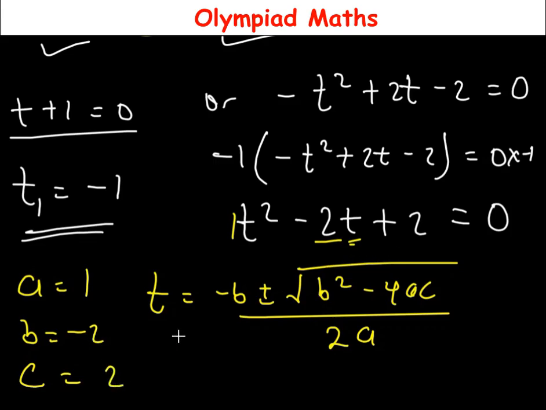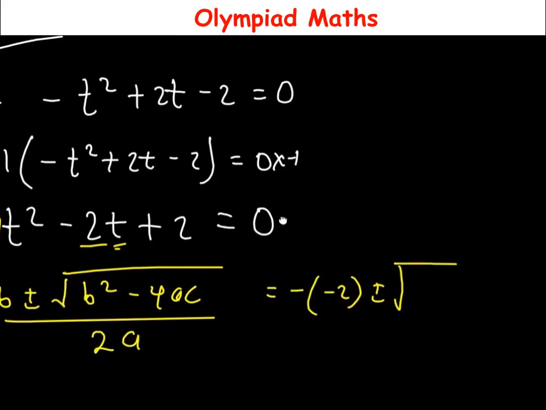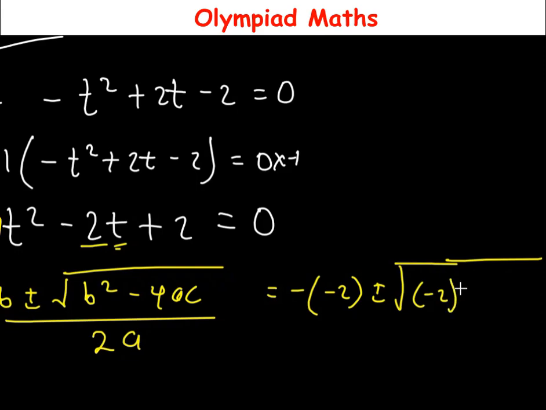So in putting these values into the formula, the value of t is equal to minus into bracket, b is minus 2, then plus or minus square root of b squared, b is minus 2, so minus 2 all squared, then minus 4 times a is 1 times c is 2, then all over 2 times a is 1.